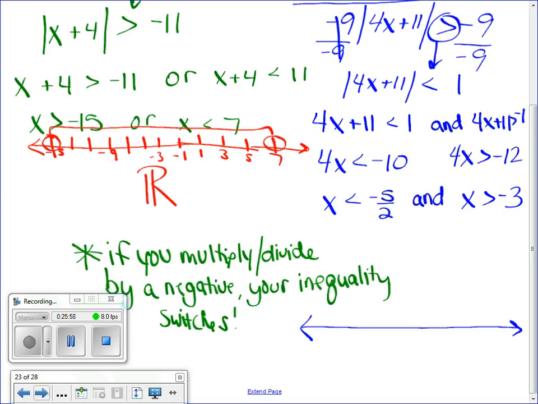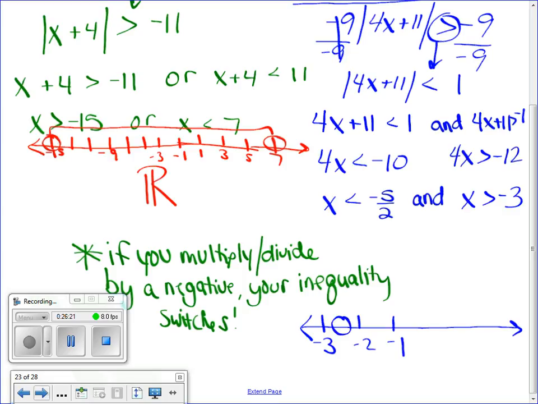You can estimate where they're at. So really I need negative 3 on there, and I need negative 2 on there. I need at least 3 numbers, so I'll throw a negative 1 on there. Because this is negative 2 1/2, so really that's right in here.